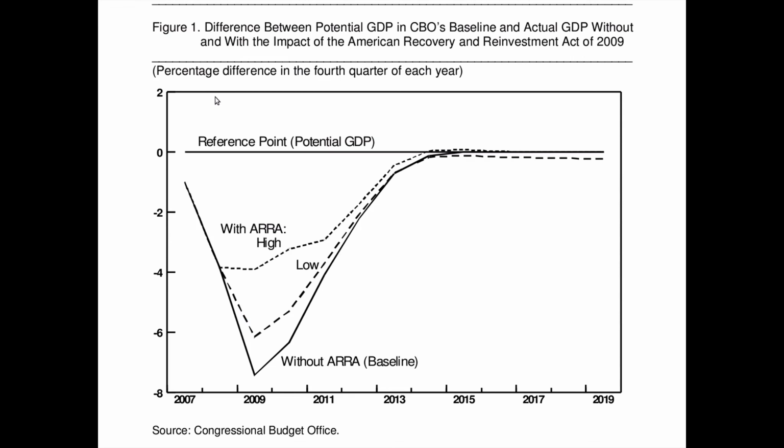So here we see, even under the best conditions, the most optimistic high projection in terms of effectiveness, we still have the economy going into a negative. But the point is, it's not as far negative as it would have been without the ARRA. So that's my presentation. Thank you very much.